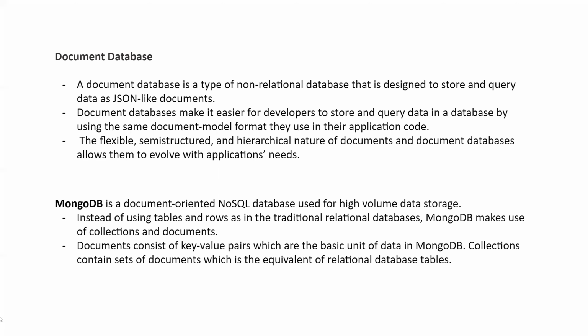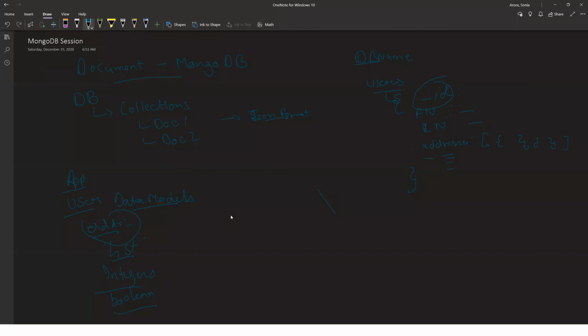For example, in our RDBMS we have rows, and each row acts as our new field or information, new data.